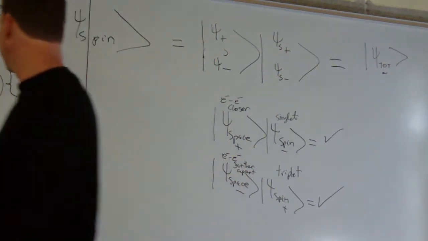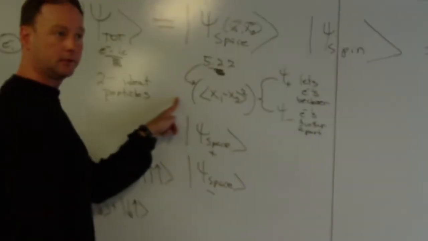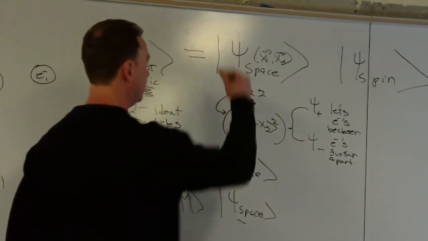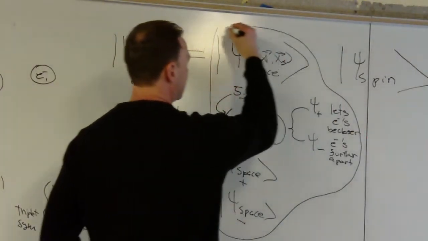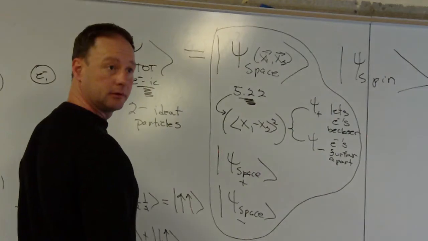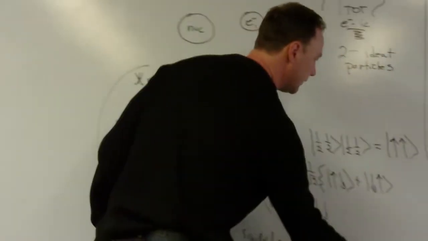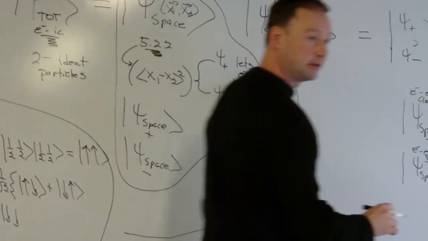This is the result we got over here, the spatial part. So this is 5.22, which just had to do with the space. That's the space part. And then all of this, if you want, is the spin result. And now we've got to tie everything together.